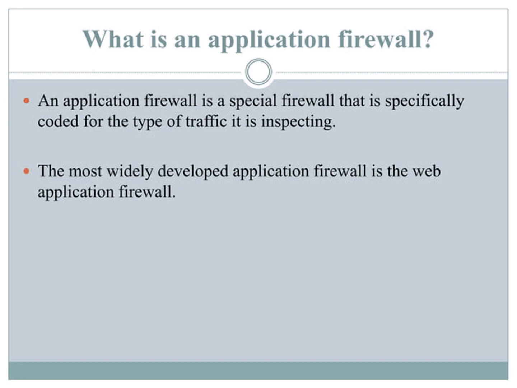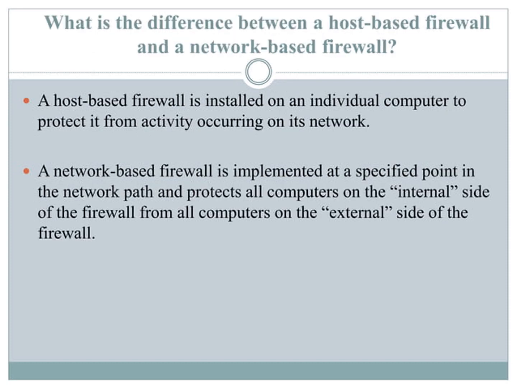Going on to the next, what is the difference between a host based firewall and a network based firewall? A host based firewall is installed on an individual computer to protect it from activity occurring on its network. While we are using the system, in our system we have installed a host based firewall.